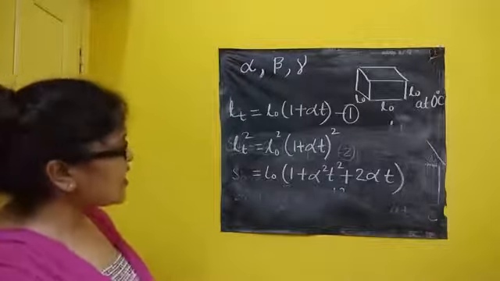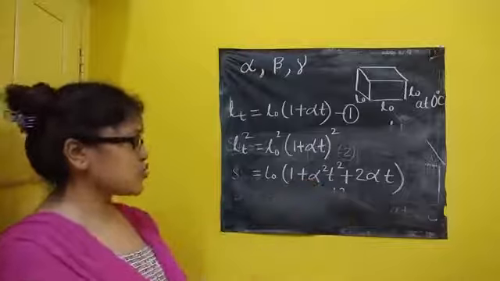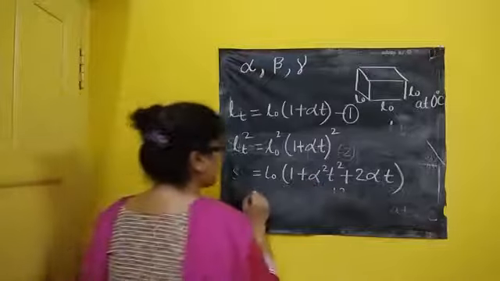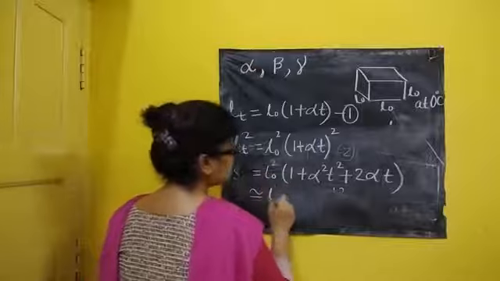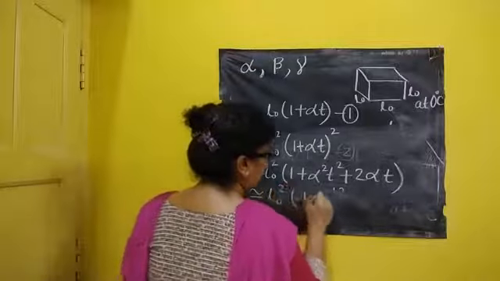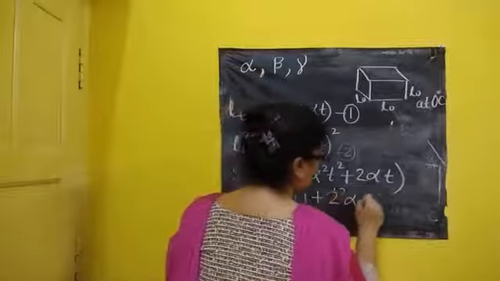So I can neglect alpha square t square. I can write approximately LT square equal to L0 square (1 plus 2 alpha t).